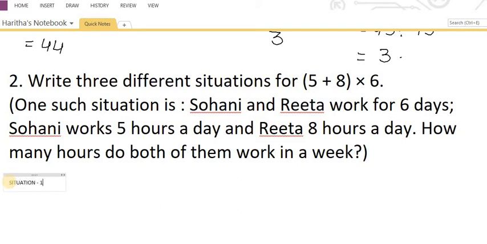Situation 1. I'll take two names. Vijay purchased 5 chocolates at 6 rupees per chocolate.